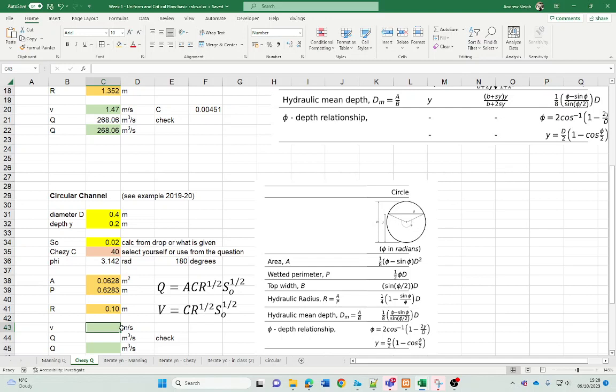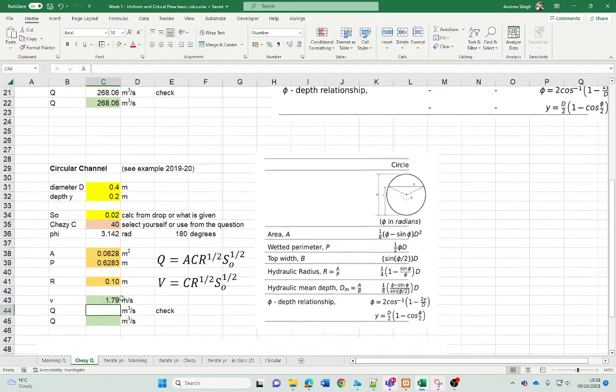V, we'll just apply that formula, is equal to C times R to the 0.5 times S0 to the 0.5, 1.79 meters per second.